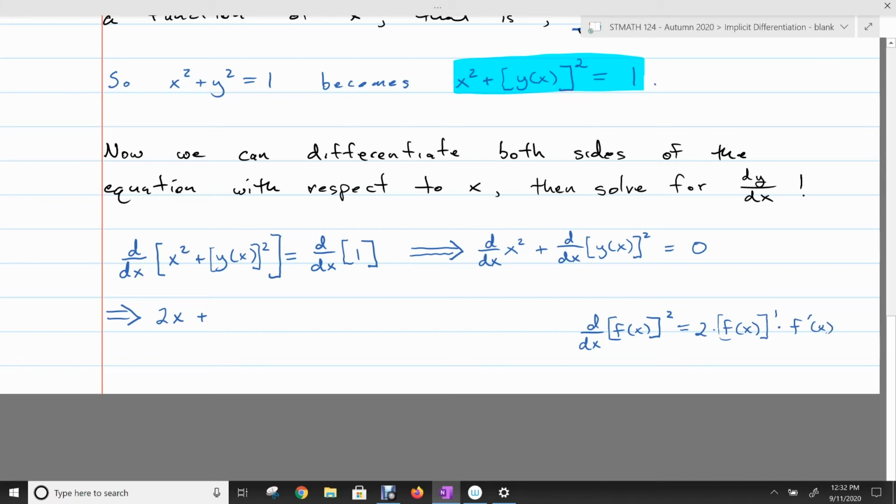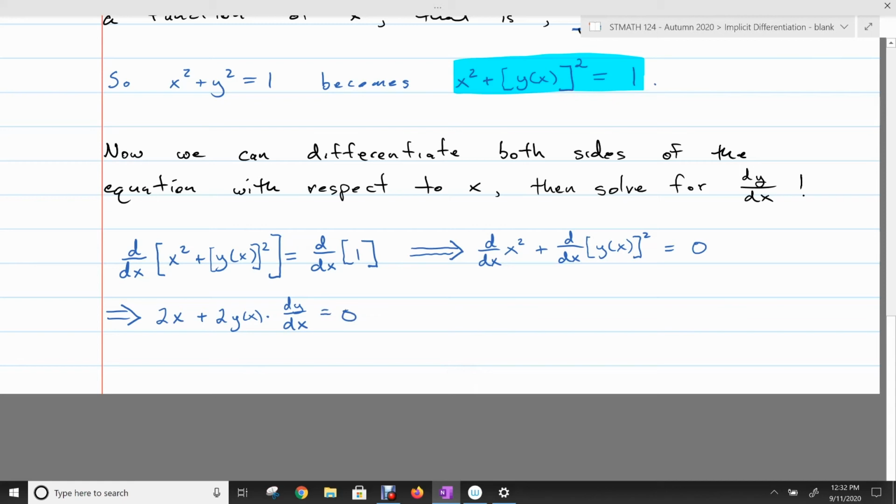So I'm going to do exactly that, except instead of f of x, I have y of x. So when I differentiate y of x squared, it's going to be 2 times y of x times the derivative of y of x, so just dy dx, or I could have just put y prime there, either way. And then that's equal to 0.